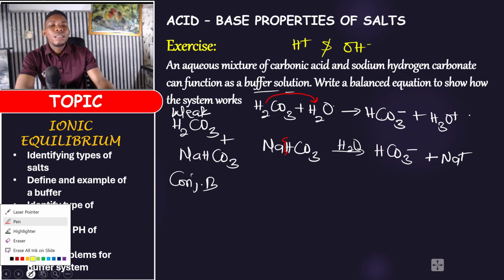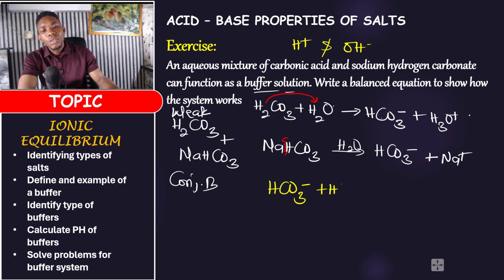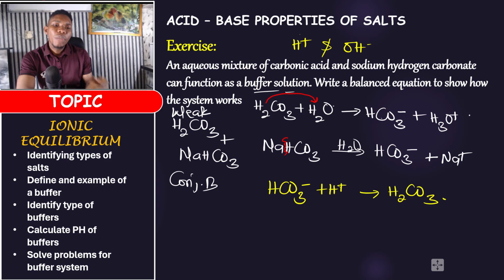It means the base of the buffer is what will react with it. Are you getting it? H plus is acidic, so the base of the buffer is what will react with it. And which of them is the base of the buffer? It is the conjugate base. And the conjugate base forms which ion? This is the ion it formed. So this ion is what will always react with the acid. So you have H plus, and when this one reacts with this, both of them combine together to give us H2CO3, carbonic acid.